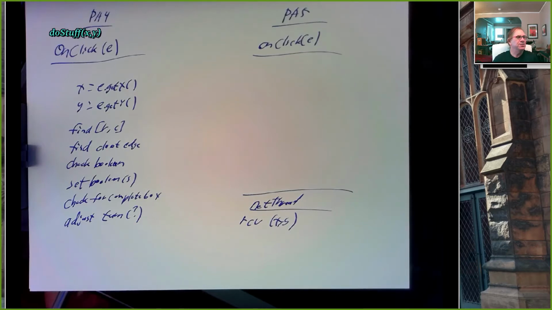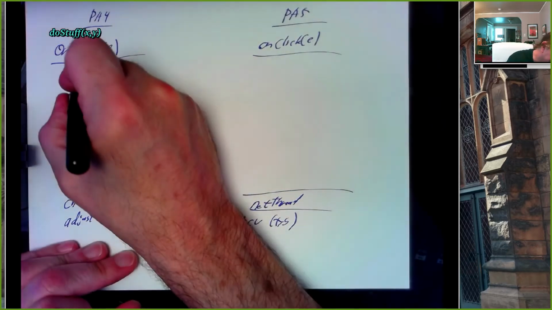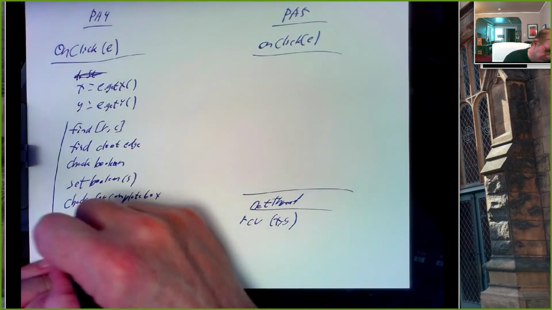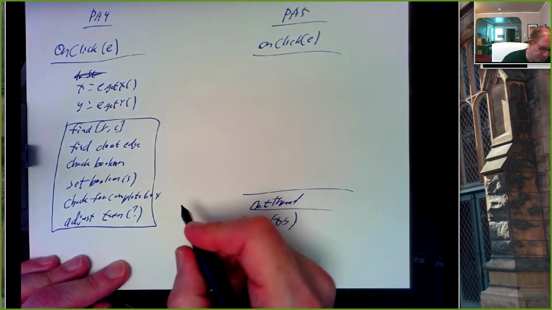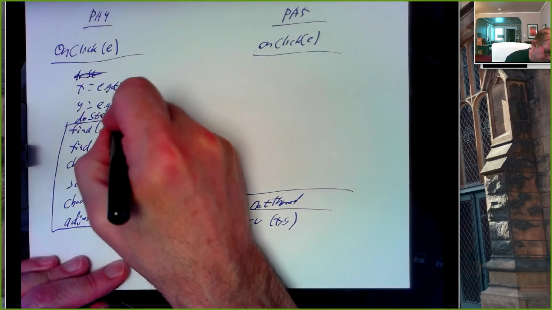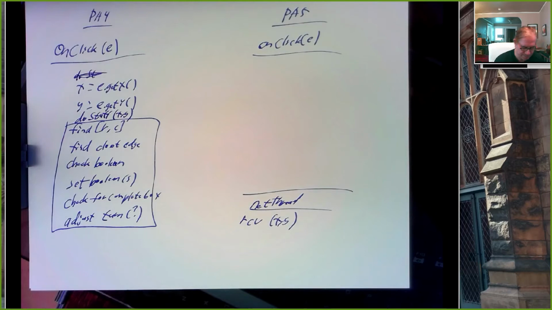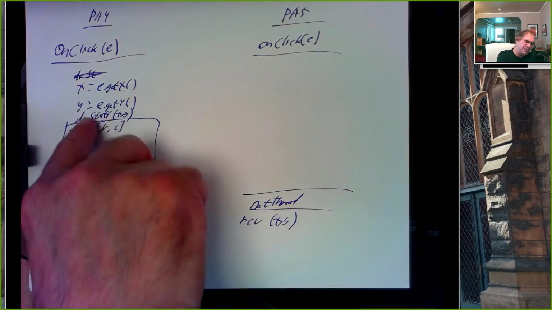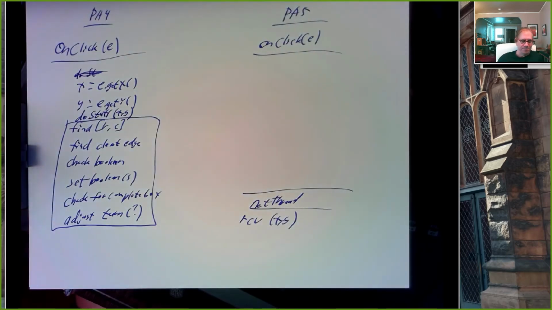So my suggestion is, take all of this and put it inside a separate method and just say, doStuff x comma y. So your mouse listener is a few lines of code now. When somebody clicks the mouse, get the x and y coordinates, call doStuff.